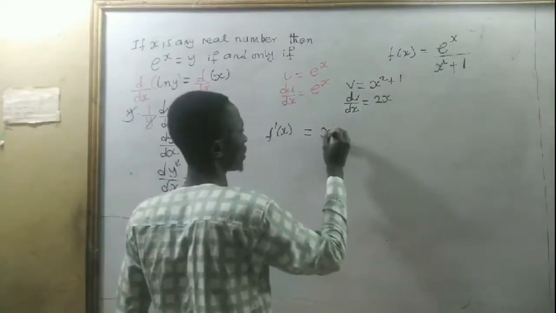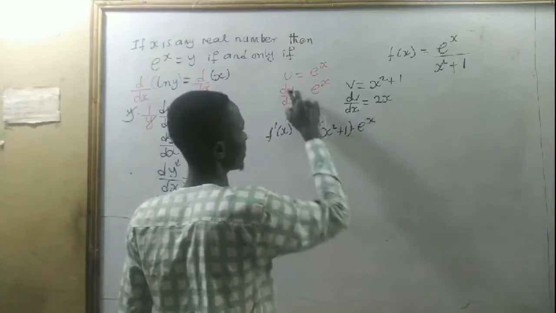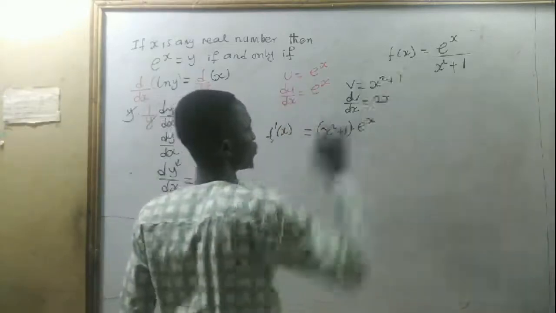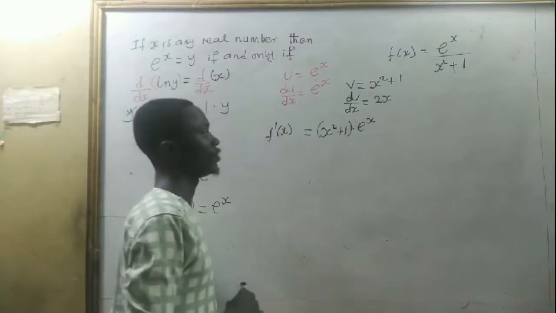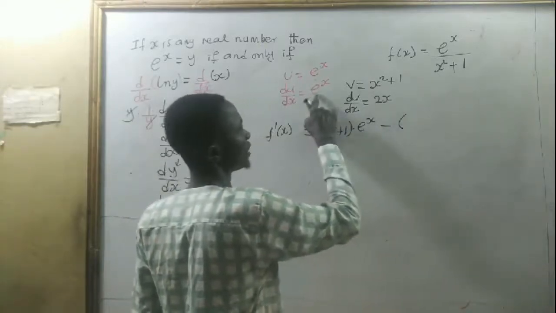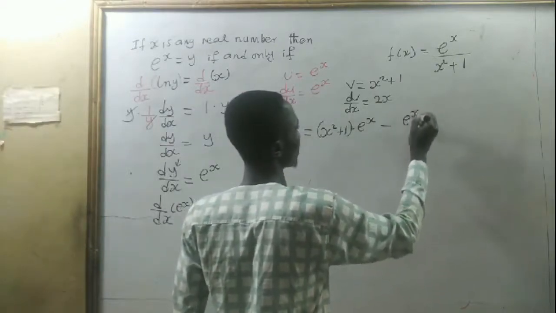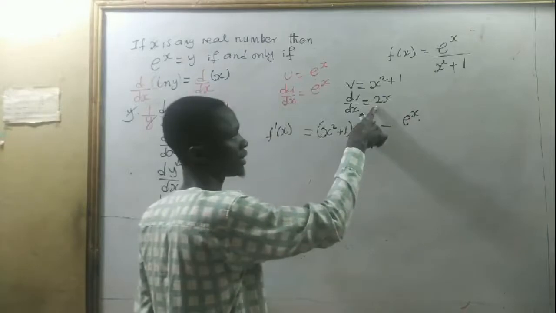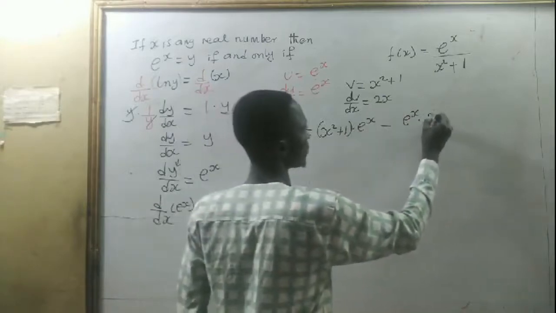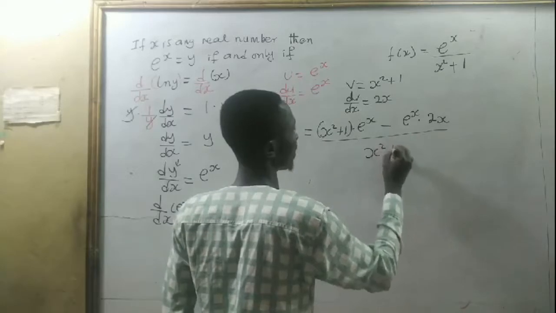So the down is x squared plus 1 times e to the power x, that is du dx, the top one, the numerator and the denominator, minus, we maintain the numerator e to the power x times the derivative of the denominator, that is 2x, all divided by the denominator squared.